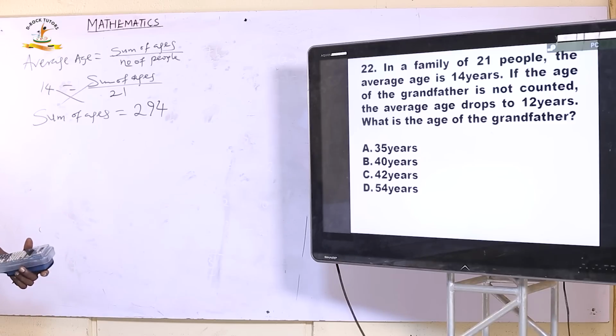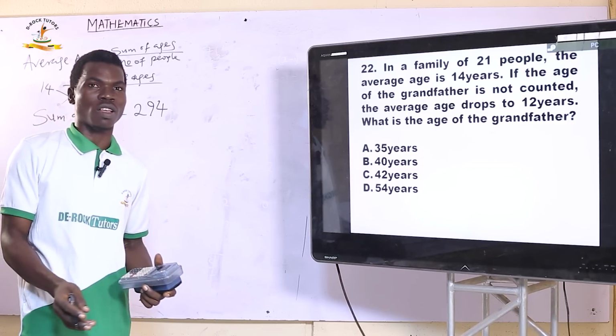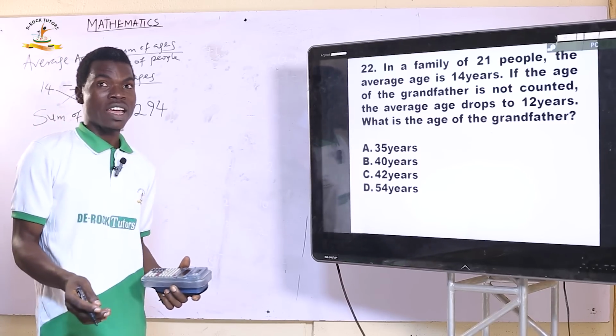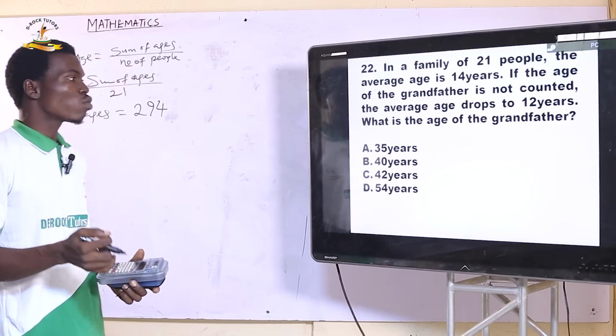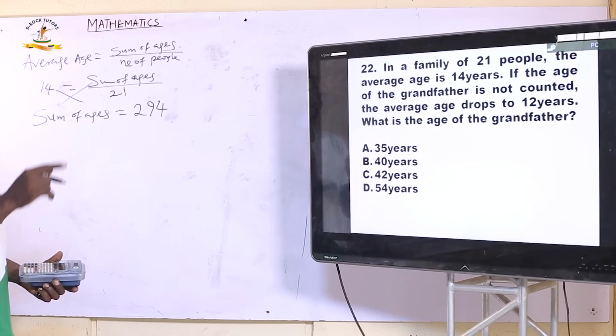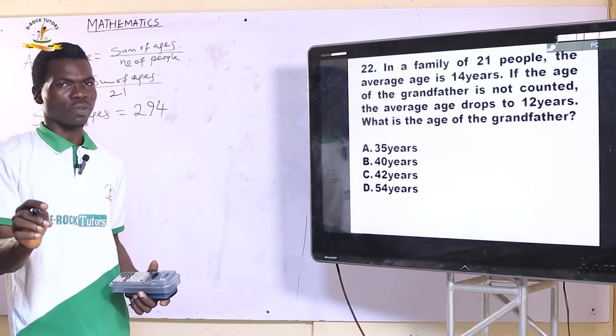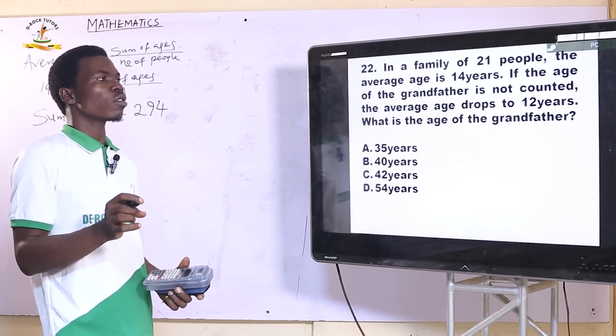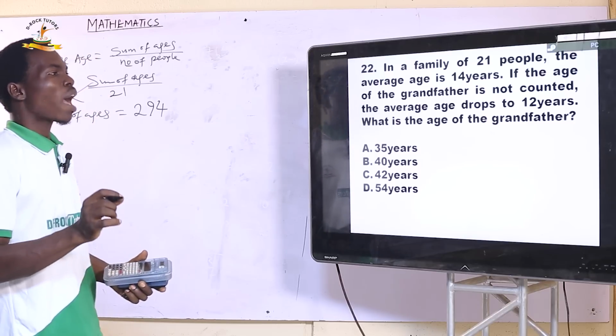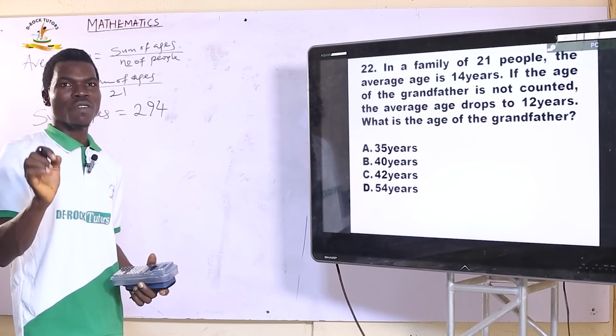And this result is 294. So if we add the ages of all of the 21 people in the family together, it's going to be 294. Then something happened: the grandfather's age was dropped off. When the grandfather's age was dropped off, the new average age becomes 12 years.